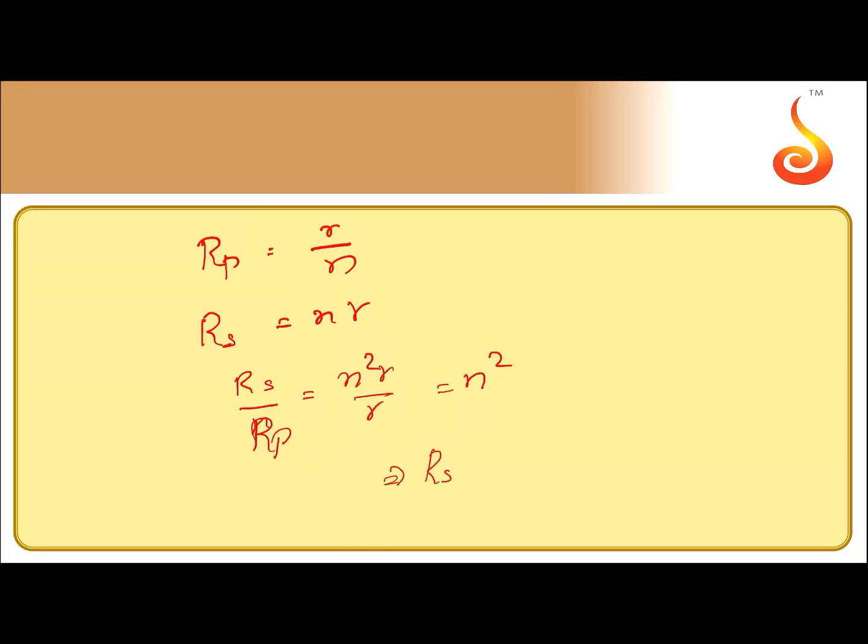So we can say in parallel the equivalent resistance is R divided by N, while in series combination this is NR. Rs divided by Rp is equal to clearly N square R divided by R, or this is N square. So the resistance when connected in series is N square times that in parallel.